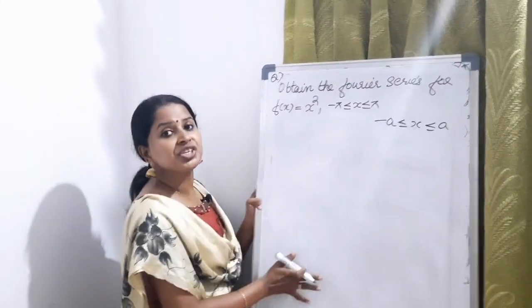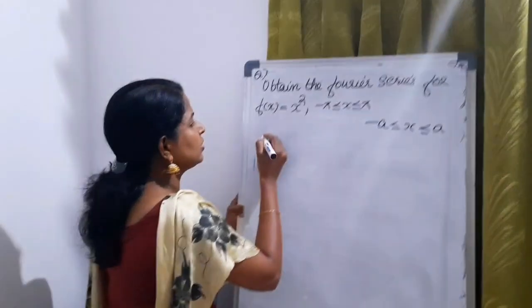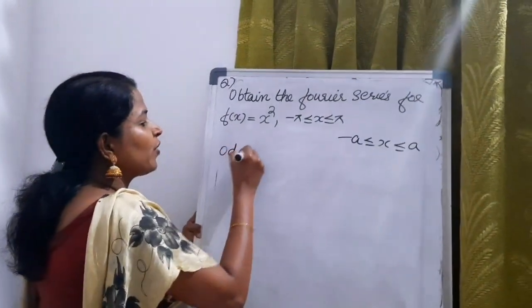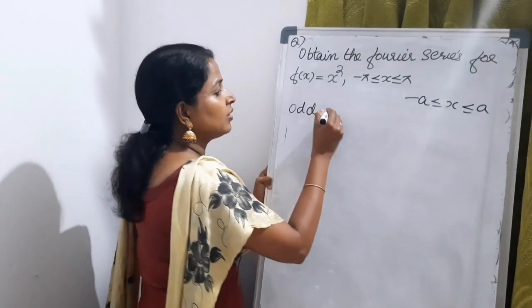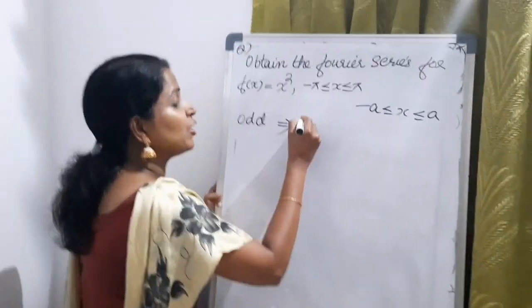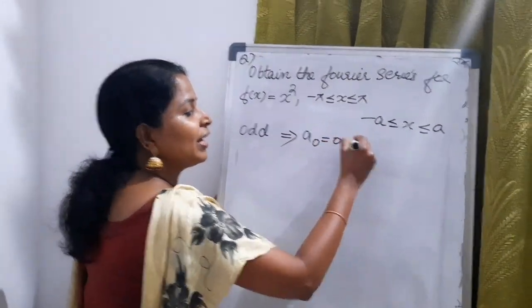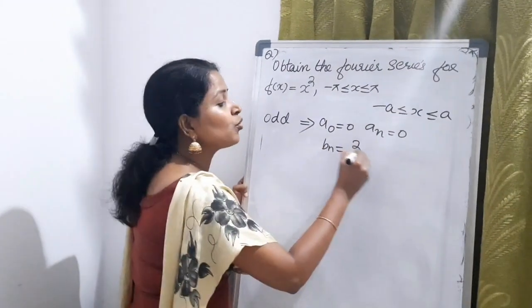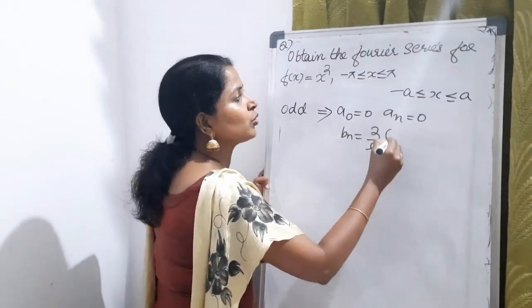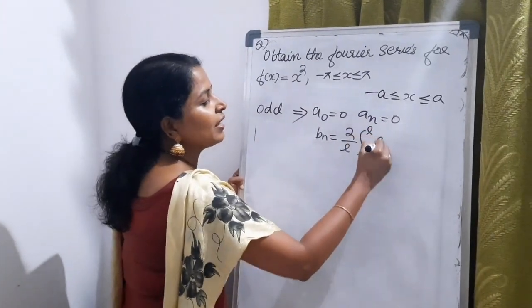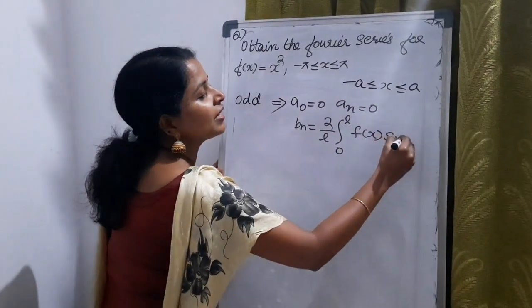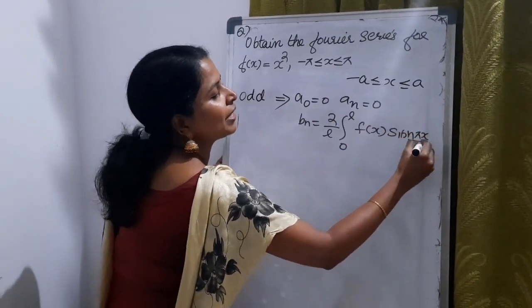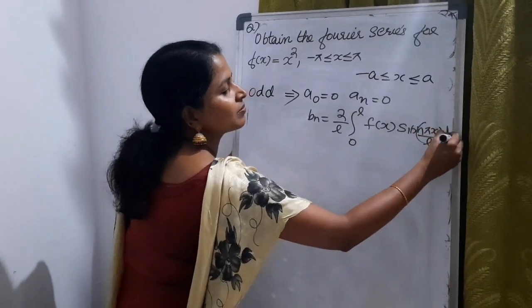If the function is odd, it means a naught equal to 0, an equal to 0, and bn is equal to 2 by L into integral 0 to L f of x sin n pi x by L dx.